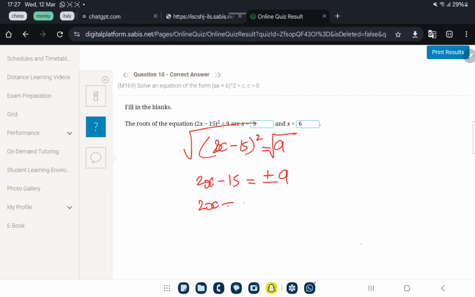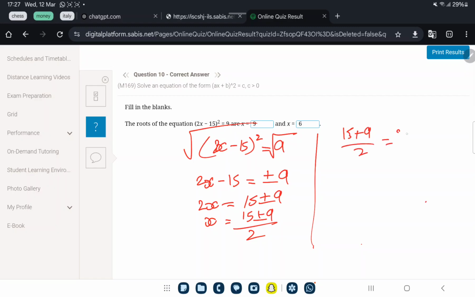So 2x equals 15 plus minus 9. Divided by 2: 15 plus minus 9 over 2. The two answers, 15 plus 9 over 2, you get... oh wait, sorry, I made a mistake. I forgot to square root the 9, so it's plus minus 3, not 9.